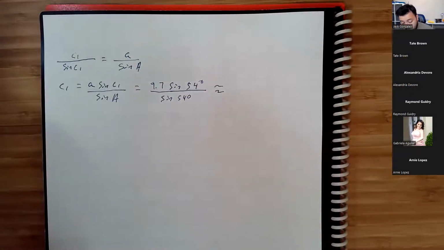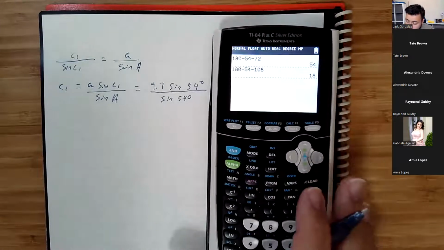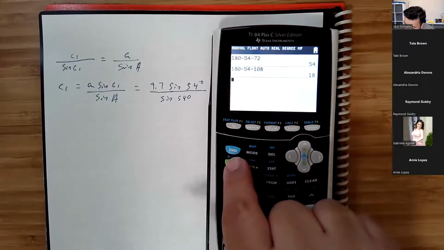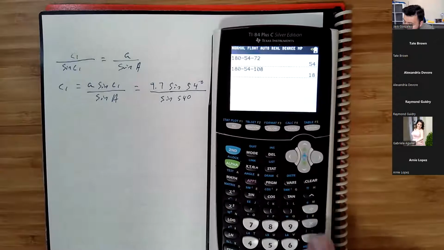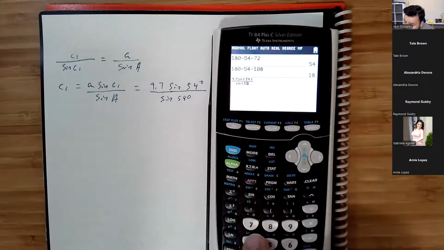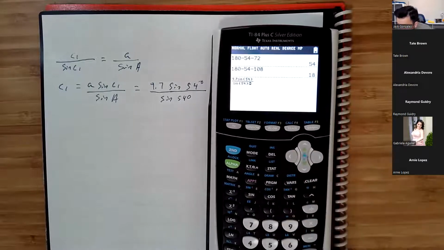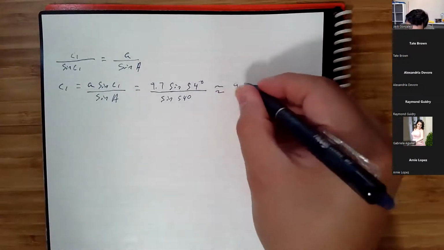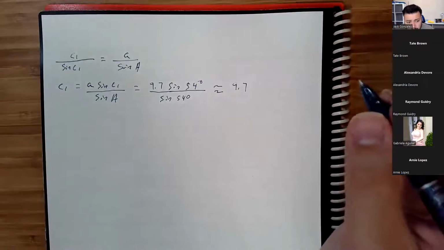That happens. 9.7 sine of 54 over sine of 54. This is really just going to be 9.7, isn't it? So there's c1.